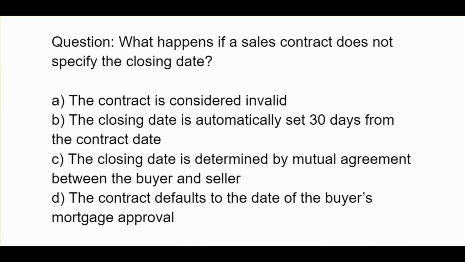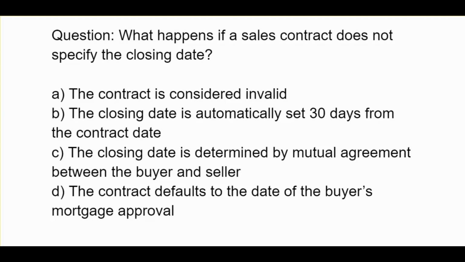What happens if a sales contract does not specify the closing date? A, the contract is considered invalid. B, the closing date is automatically set 30 days from the contract date. C, the closing date is determined by mutual agreement between the buyer and seller. D, the contract defaults to the date of the buyer's mortgage approval.